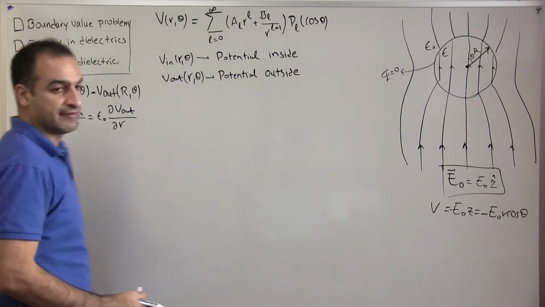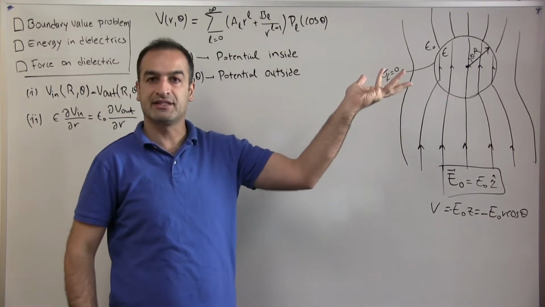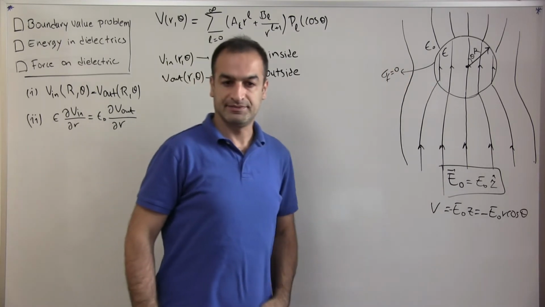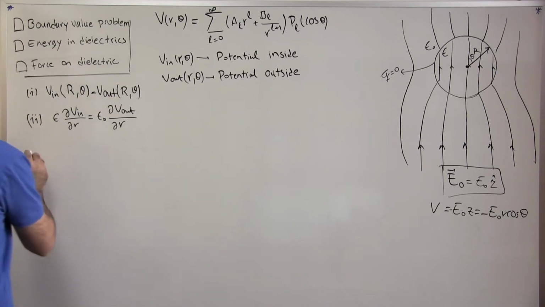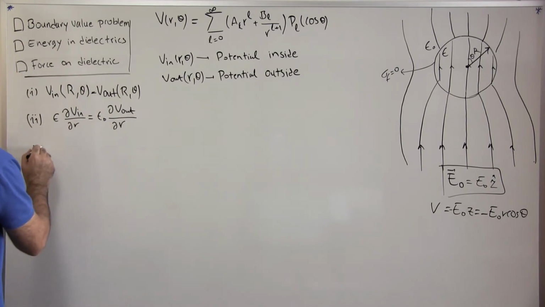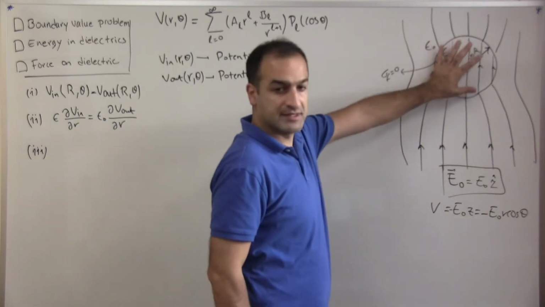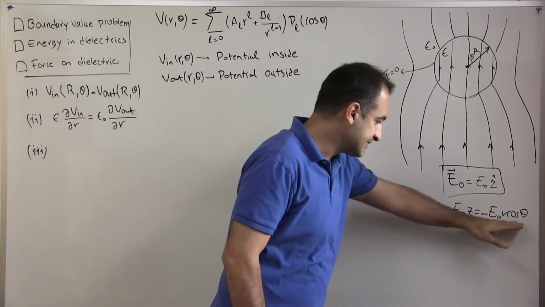If you have the same material on both sides of the boundary, there will not be any discontinuity unless there is free charge on the surface. Sounds good? So this is boundary condition number 2. And number 3, the potential where we are far from this sphere, that means V out should behave exactly like this.